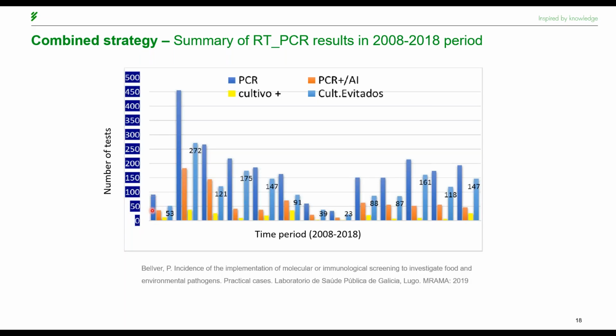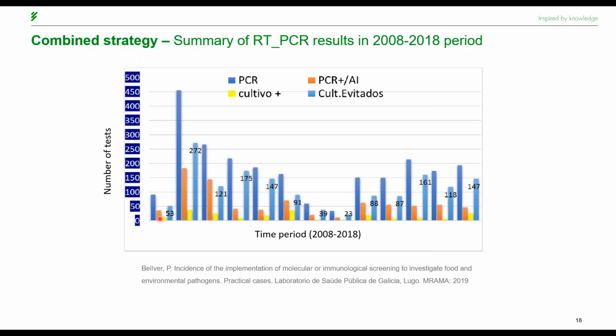In darker blue here, we have the number of PCRs performed, so almost 100 tests. In orange, we have only the positive PCRs of these almost 100 tests. We have less than 50 positives. Okay, perfect.